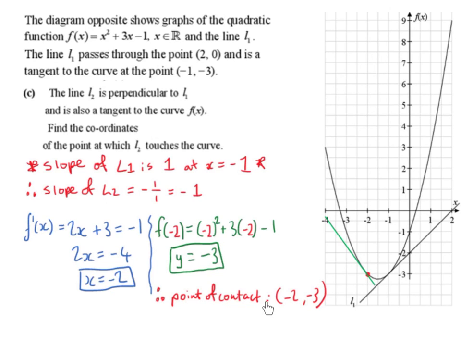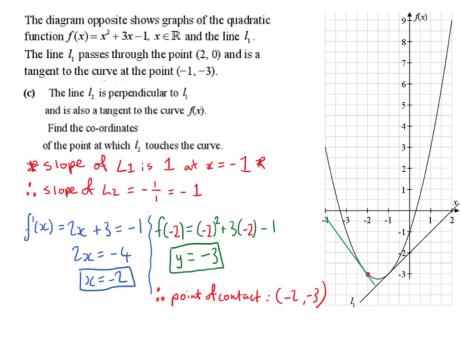So our point of contact is minus 2, minus 3. So we go to minus 2 on the x-axis, and we go to minus 3 on the y-axis, and that's our point right there. So that is the point of contact. That is the point at which our line L2, which is perpendicular to L1, touches our curve.